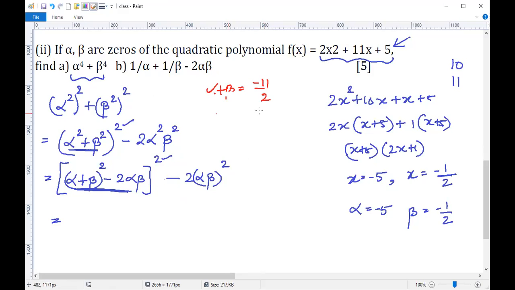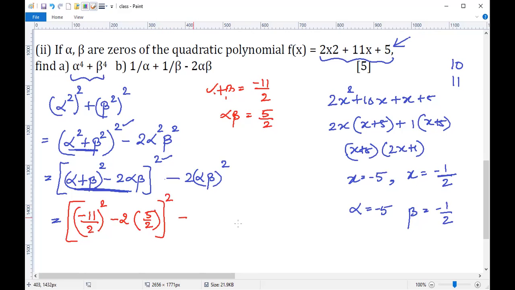And alpha beta in this problem is c by a, which is 5 by 2. So you can substitute the values, simplify and find out the answer. Clear? Alpha plus beta is minus 11 by 2, whole squared, minus 2 times alpha beta, which is 5 by 2, the whole thing squared, minus 2 times 5 by 2 squared. Clear?